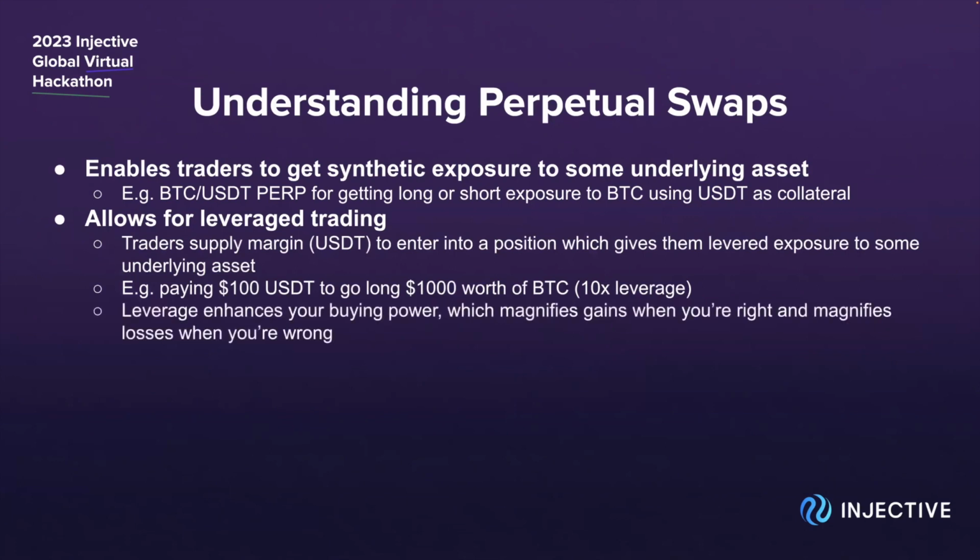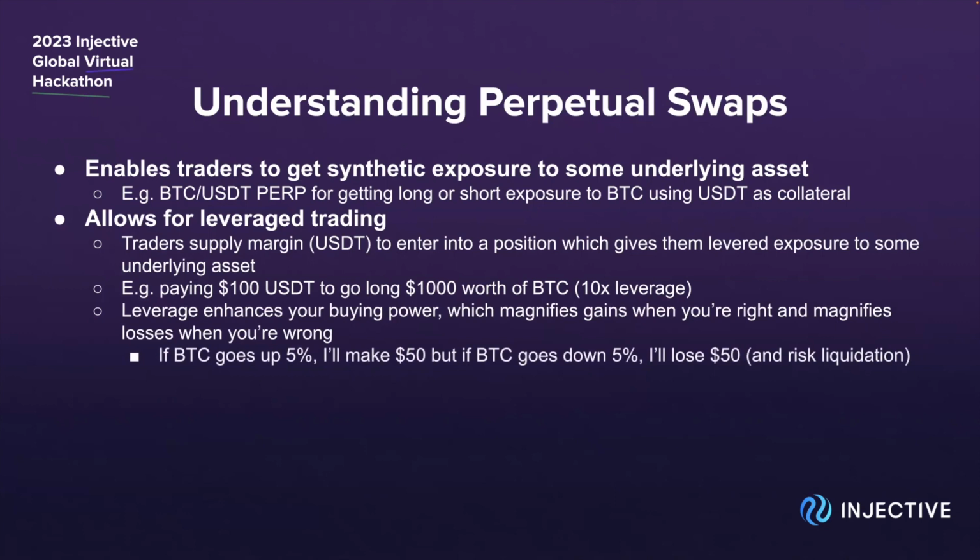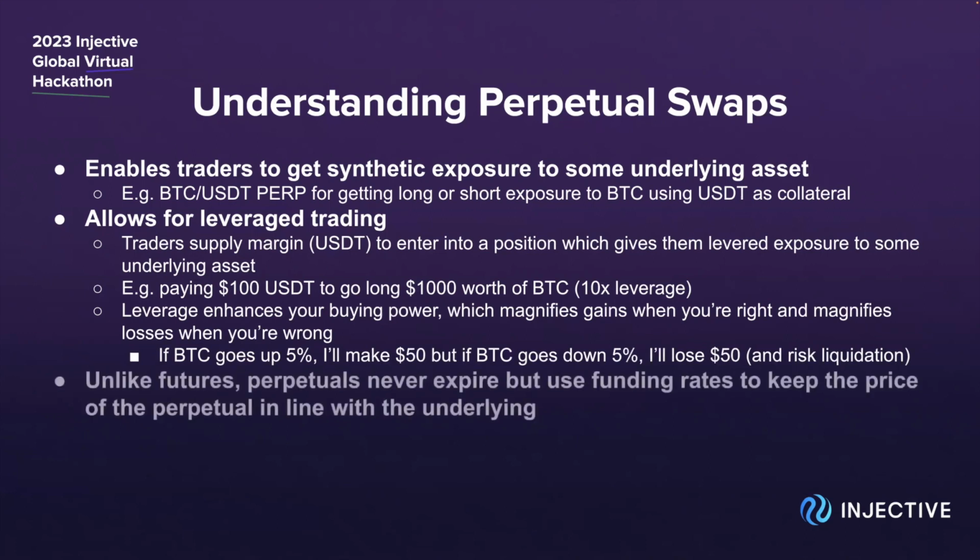Leverage enhances your buying power, which will magnify your gains when you're right, but also magnify your losses when you're wrong. So if Bitcoin, in this example, goes up 5%, you'll make $50. But if Bitcoin goes down 5%, you'll lose $50 and possibly also risk liquidation if it goes down more.